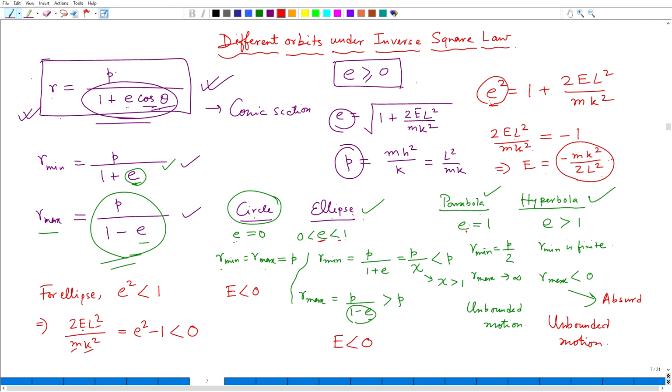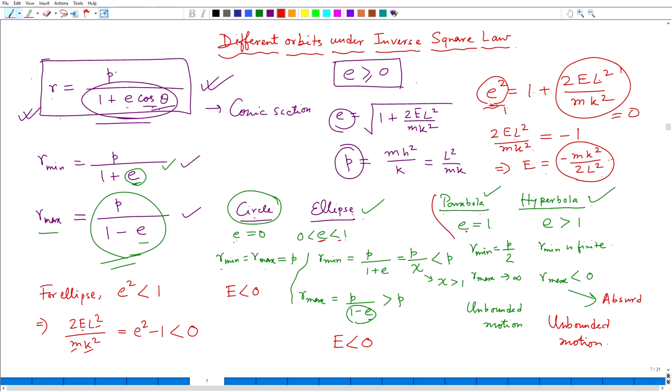For when E is equal to 1, what happens? You have 1 on both sides, so the 1 and 1 go away, and this whole thing will be equal to 0. It is for the parabola. Okay? L, m and k cannot be 0, so E is 0.